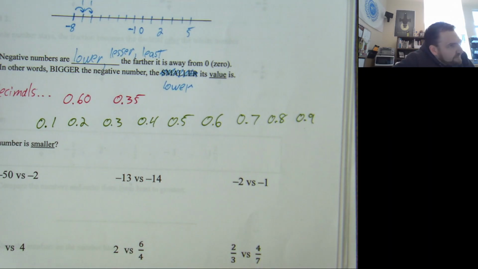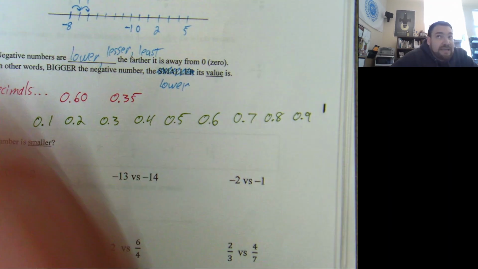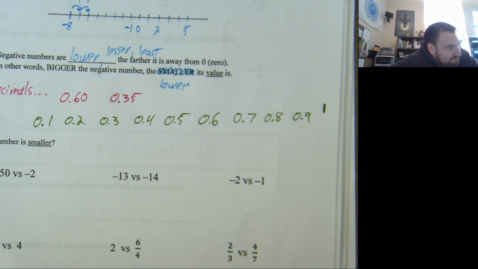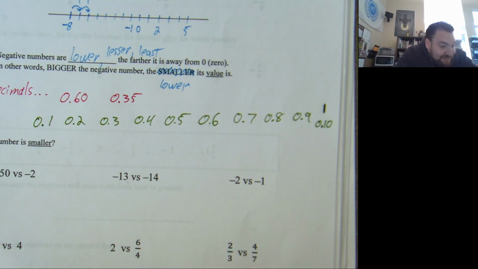What comes next? 1. 1 is what is supposed to come next. Anyone want to take a guess at the mistake I've seen? 0.10. This is the mistake I see all the time.